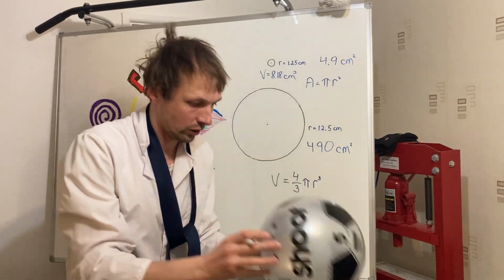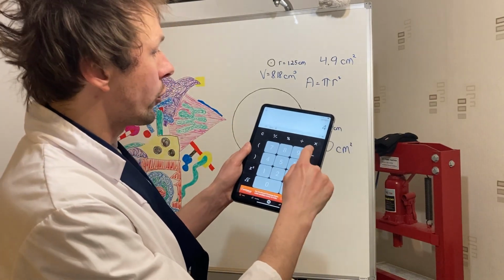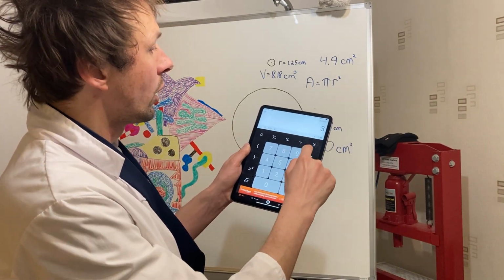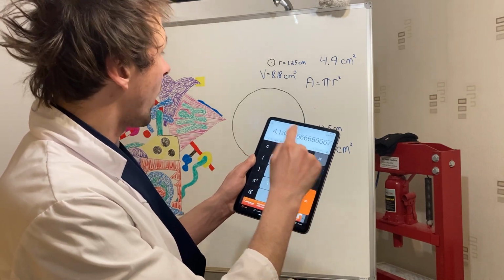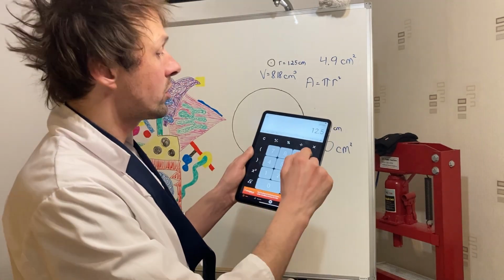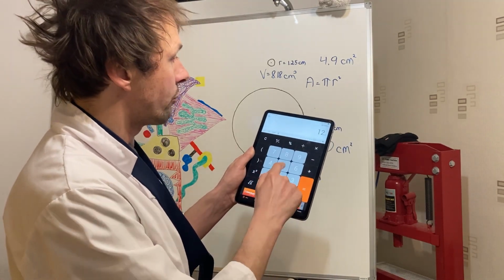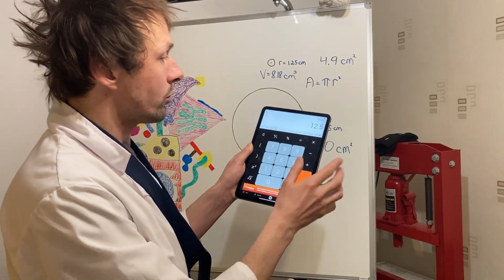So let me do that. In fact, I'm going to show you how I do this. So 4 divided by 3 times 3.14 times 12.5 once, times 12.5 twice, times 12.5 three times.